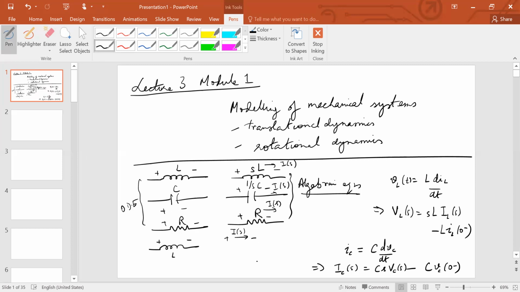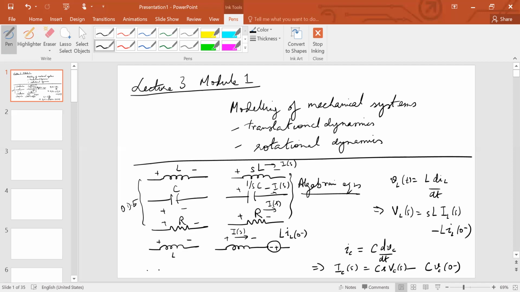So what you'll then have here is an inductor followed by a voltage source which has the opposite polarity, and the voltage is given by L i_L(0-). This is required if you are actually looking to solve for the variables in the circuit, not just obtain a transfer function.